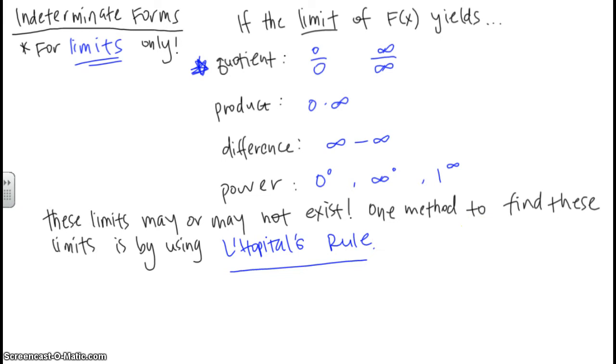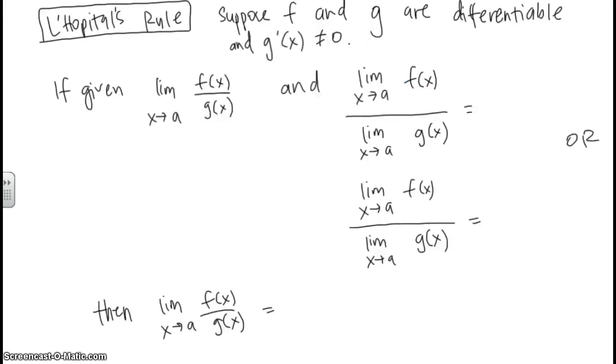Now L'Hôpital's rule takes into consideration the limit as x approaches a value of f of x over g of x. Now, if I take the limit of each of those separately, the limit as x approaches a of f of x and get 0, and the limit as x approaches a of g of x and get 0, or if I take the limit of the top and bottom separately and I get infinity over infinity.